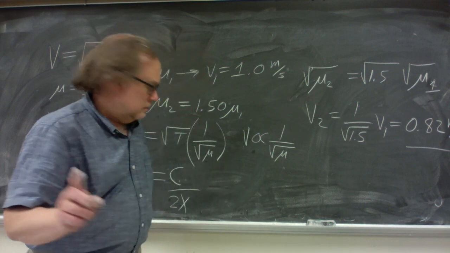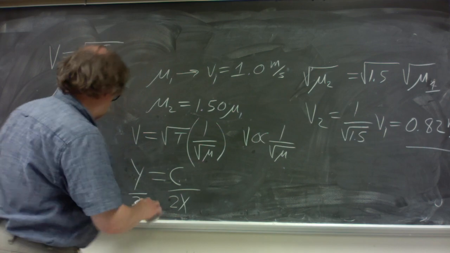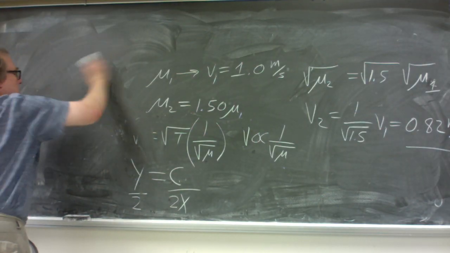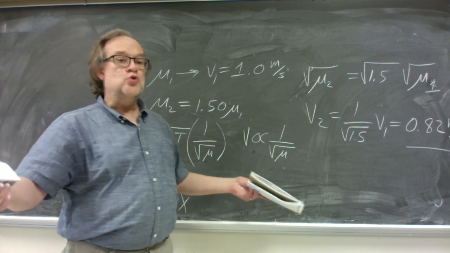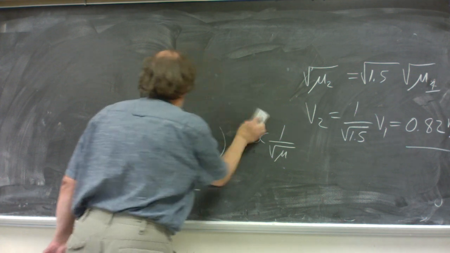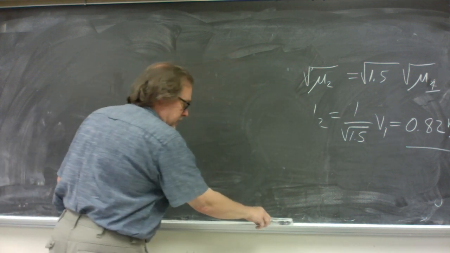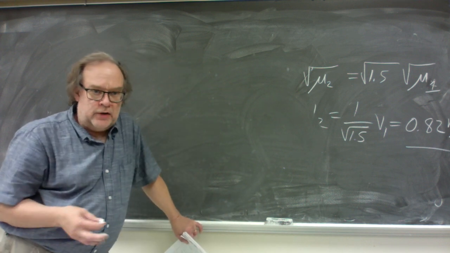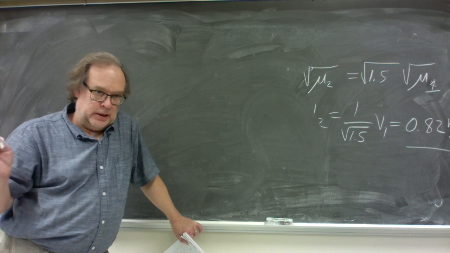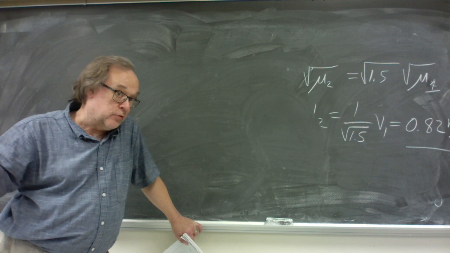Okay, one more example. This one has a little extra complication to it. It's worth something that you knew at one point, but it's good to be reminded of it. Thinking about the speed of a sound wave traveling through a gas, traveling through helium, traveling through normal air, traveling through carbon dioxide, whatever.